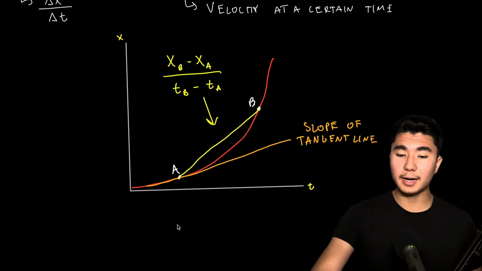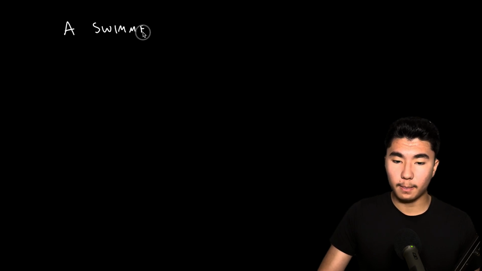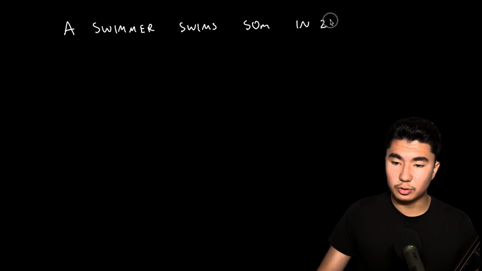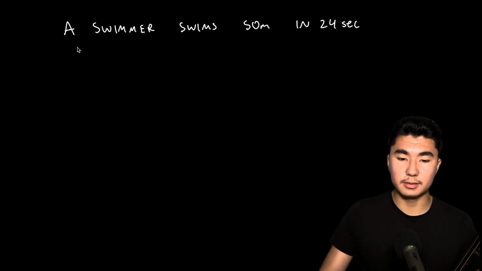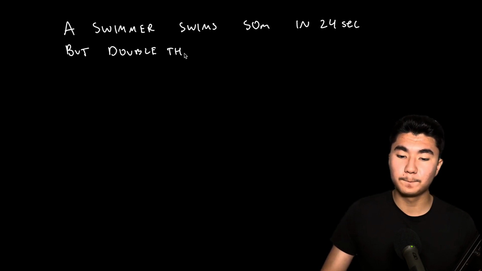To talk about average velocity, let's say a swimmer swims 50 meters in 24 seconds, but double the time coming back.